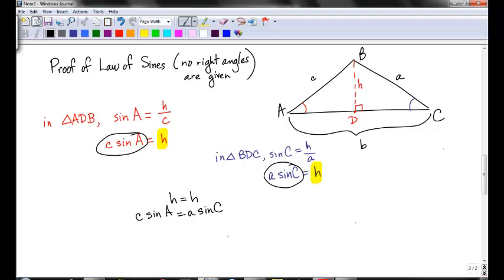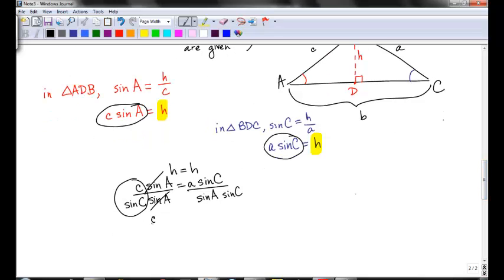Now you can divide by sine of A on both sides. You can divide by sine of C on both sides. These divide out. I'm just proving one part of the proportion.